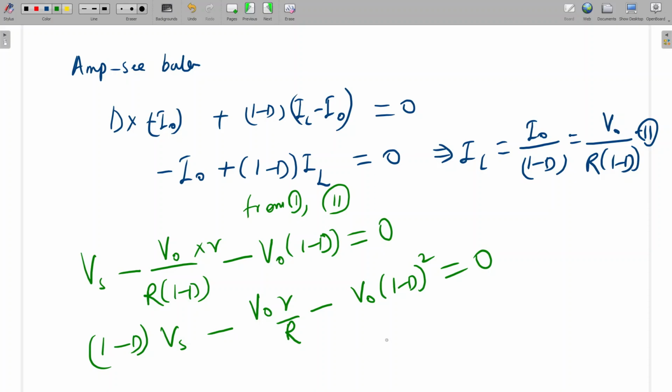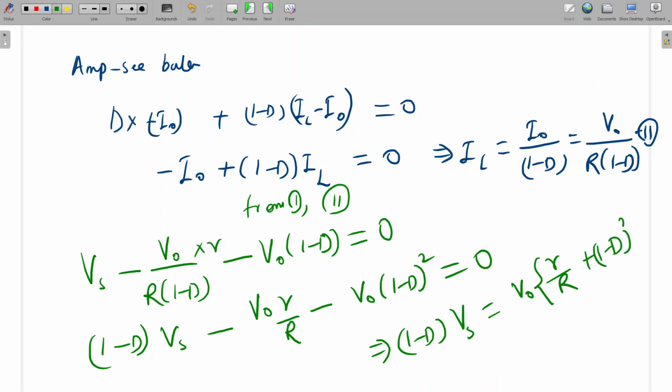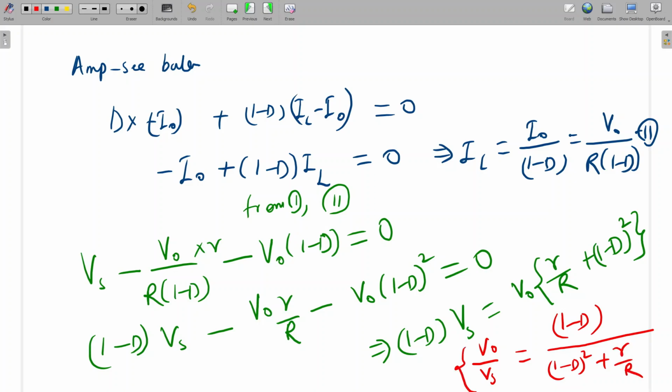So what we can do further, it will be 1 minus D Vs equal to V0 times r by R plus 1 minus D whole square. Okay. So what will be the final gain equation? The final gain equation will be V0 by Vs equal to 1 minus D divided by 1 minus D square plus r by R. Is it clear to all?